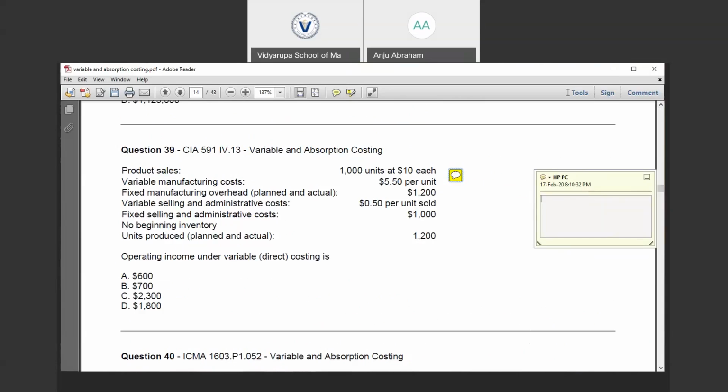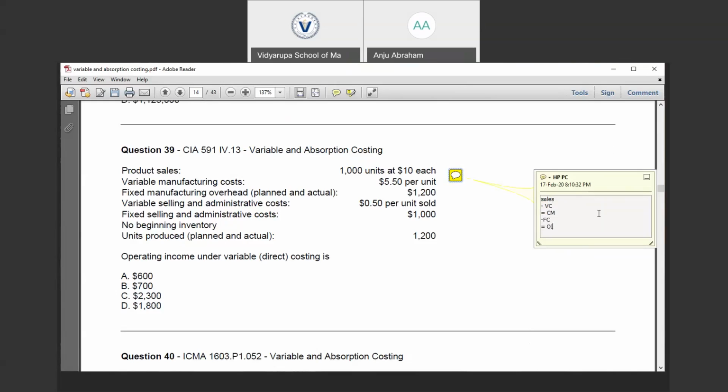Now beginning inventory, unit produced, planned and actual data provided to us. We need to compute the operating income under variable costing. So operating income under variable costing is computed as sales less variable cost. We get contribution margin. From that contribution margin, we need to subtract fixed cost. So we get operating income.